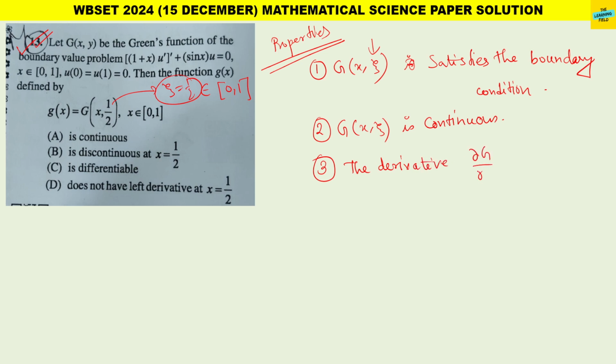Suppose del g del x has a jump discontinuity at x equal to xi, this point. Fine. At x equal to xi, G is continuous. This function, the boundary value G(x, xi), what is true, is that it obviously satisfies the boundary condition and is continuous. So I think option A is the correct one.